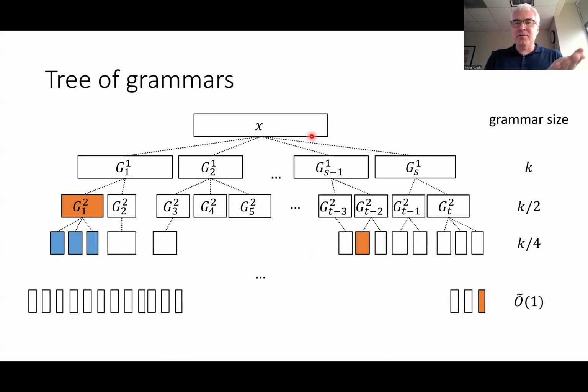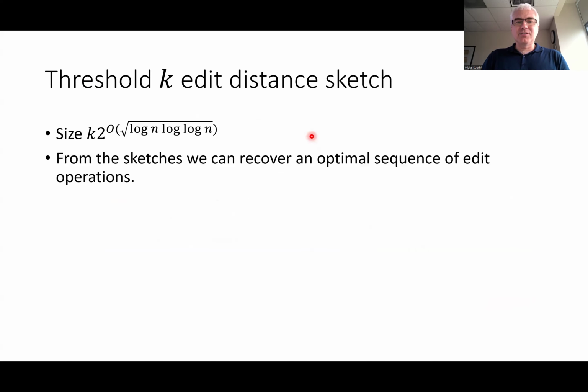We take the hierarchical mismatch recovery, we set the capacities roughly proportional to the grammar size, and each level is sketched by such a hierarchical mismatch recovery scheme. So what we get eventually is a threshold edit distance sketch, which is of the size which I promised. It has size k times 2 to the square root of log n.